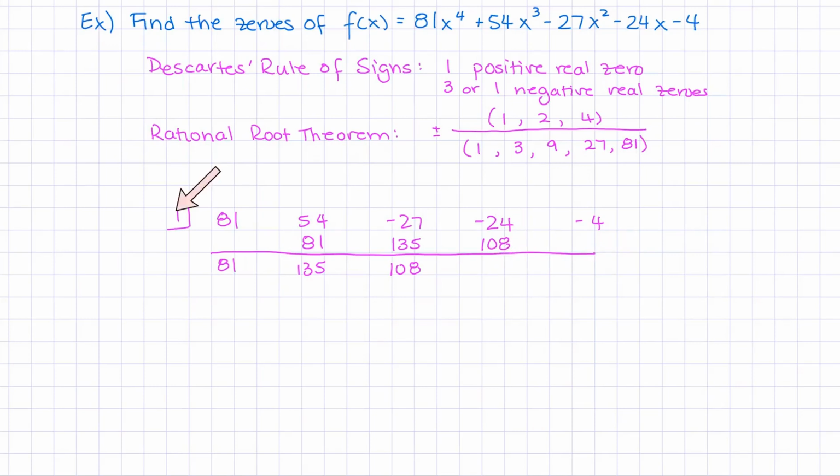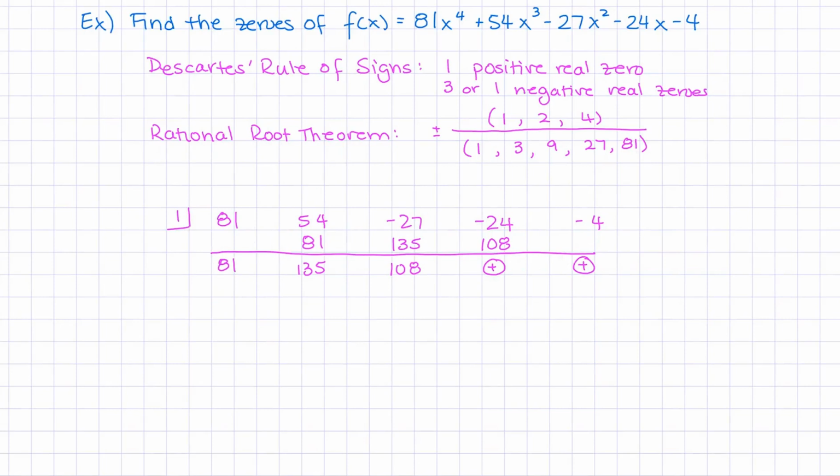When I multiply by 1, it's going to be too big. In fact, I know I'm going to get a positive number here, and when I add negative 4 to it, it's still going to be positive. That's enough. In fact, if you look, we plugged in a positive, and this bottom row was all non-negative.